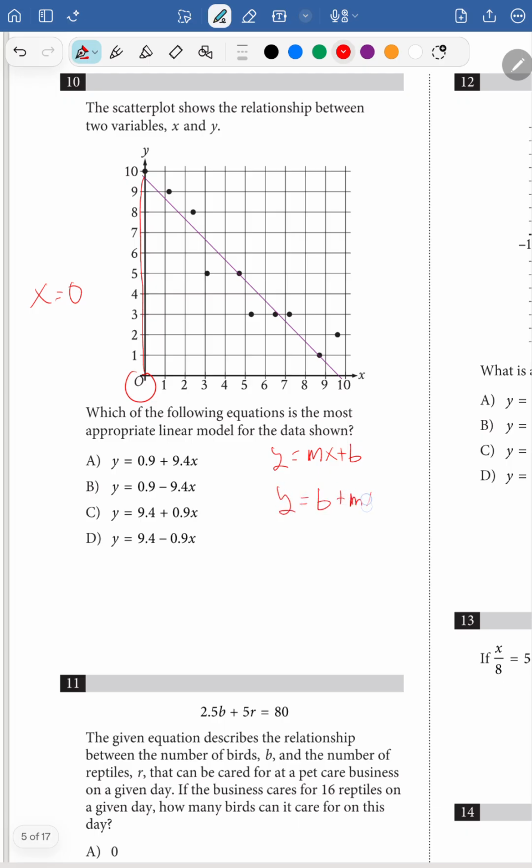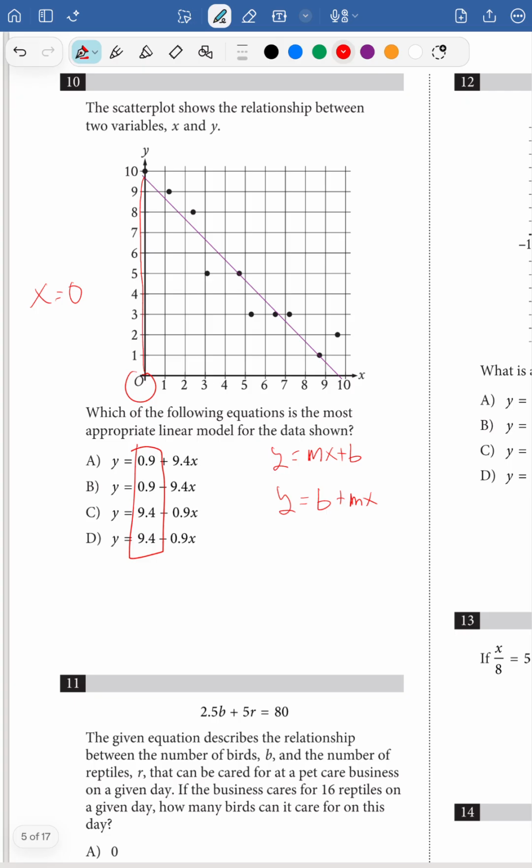It doesn't really matter which way it's written. You just have to know which values represent what. So now that we know the y-intercept is these four numbers here, but like we said, the value of our line has a y-intercept of a number between 9 and 10.